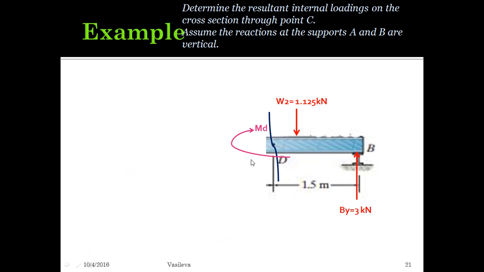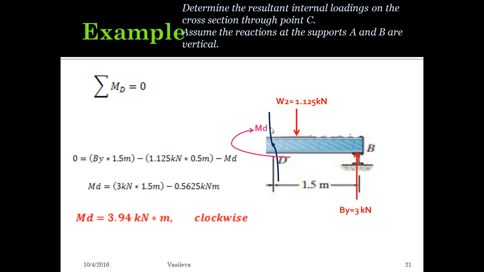Let's look at MD. Sum of the moments about point D, you end up with BY times 1.5 minus W2 times 0.5 minus MD, and that ends up with MD equals 3.94 kilonewton-meters, and because it's positive, it's correct the way that I drew it, so it is going to be clockwise.